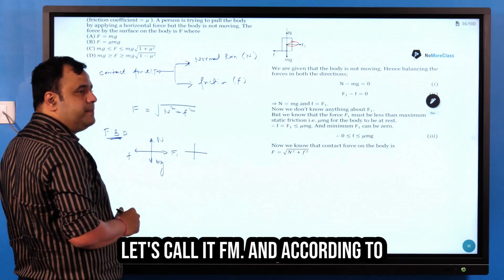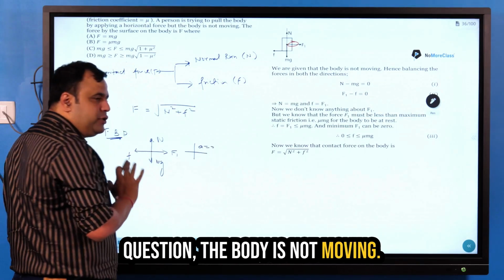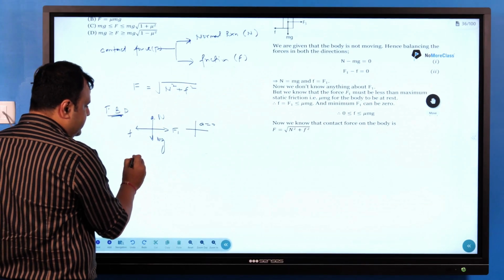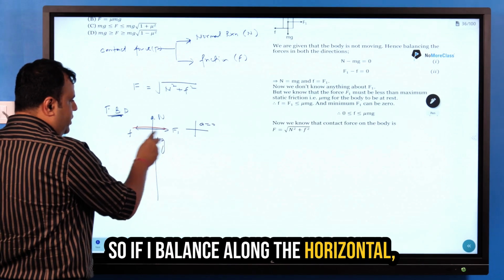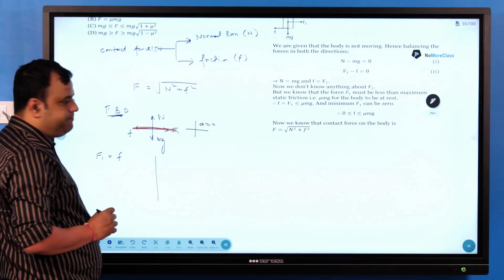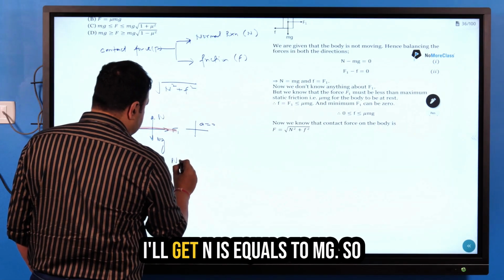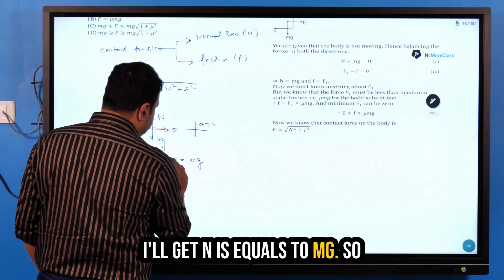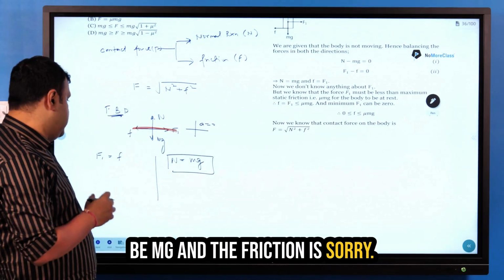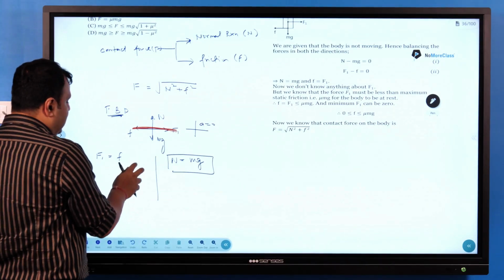Let's call it F1. According to the question, the body is not moving, so acceleration is 0. Let's balance the forces. If I balance along the horizontal, I get F1 equals f. If I balance along the vertical, I get N equals mg. So the normal reaction comes out to be mg, and the friction comes out to be F1.